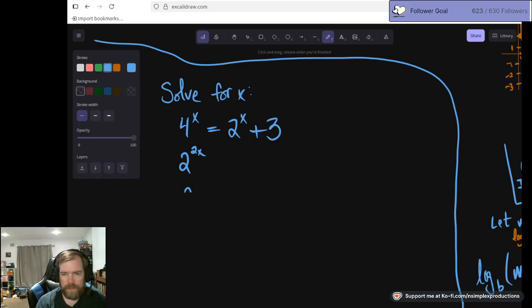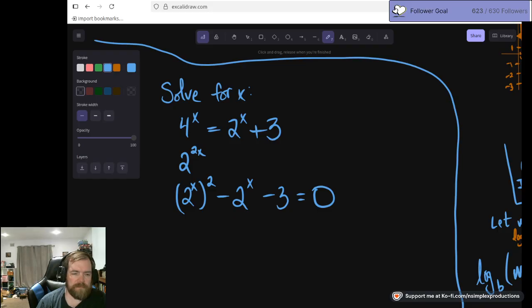Or we could rewrite this as 2 to the x, parentheses, squared. Okay, and then if we shift everything over the other direction, this means that we now have a squared minus 2x minus 3 is equal to 0. And if we want to connect this to stuff we were working on earlier, the easiest way to do it would be to say let 2 to the x just equal a.